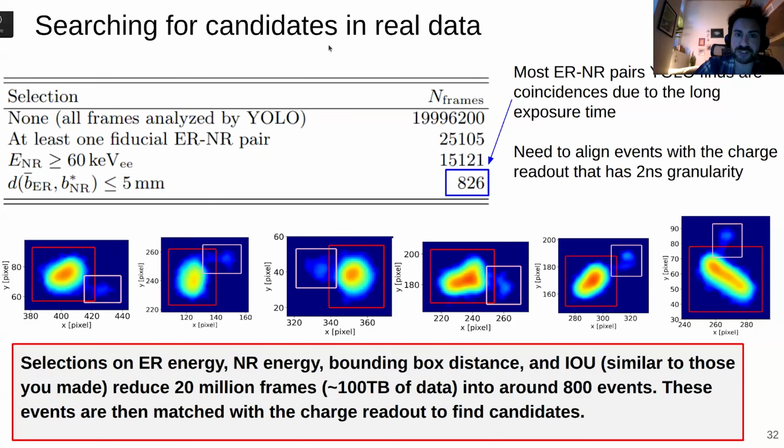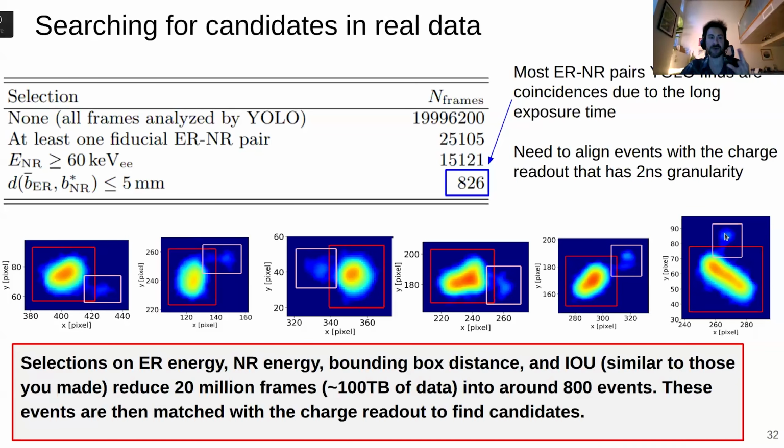But what we're able to do just using this YOLO pipeline is take 20 million camera frames that we analyzed and apply similar selections to what you all applied in the module. We reduced that sample of 20 million frames to about 800 frames. And here's real data. These are some examples of tracks that we found.